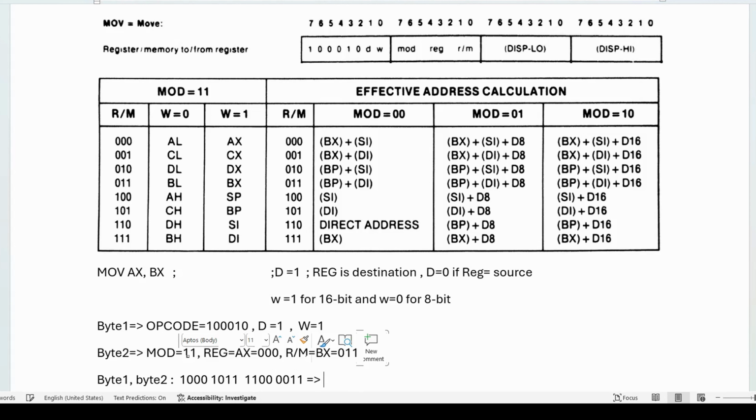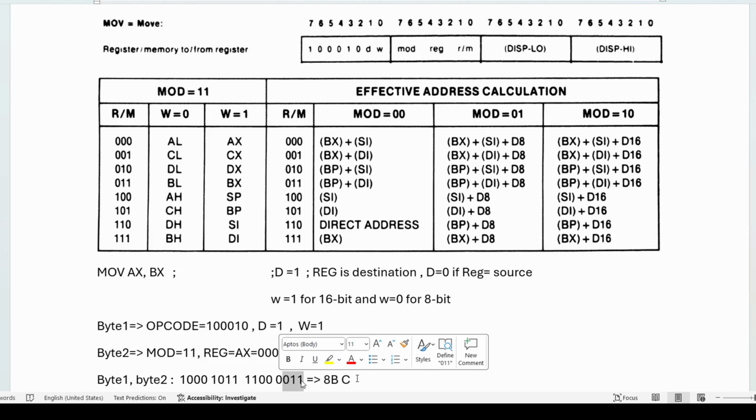Then you can simply convert them into hexadecimal. 1 0 0 0 is 8. 1 0 1 1 is 11, and 11 is shown as B. Then 1 1 0 0 is 12, and 12 is considered as C. And the last one, 0 0 1 1, is 3.